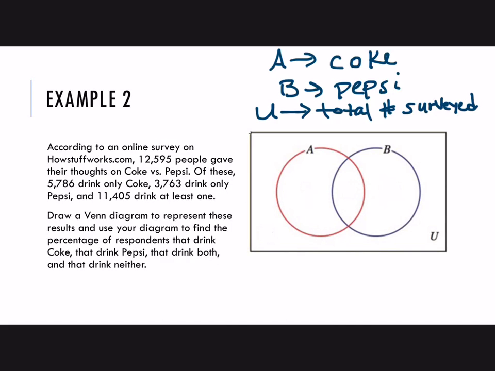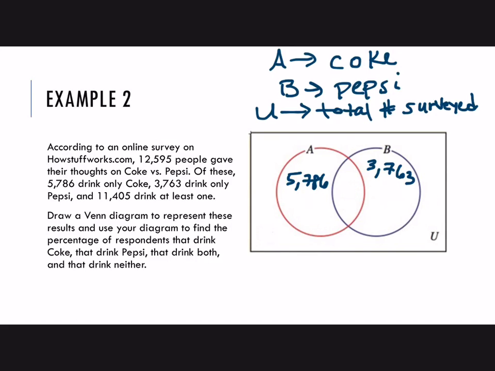So it looks like here we know this region and this region, how many drank only Coke and only Pepsi. Okay, so we have 5,786 and 3,763. Okay, so looking at the other two, how can we find these people and these people? That's the question.